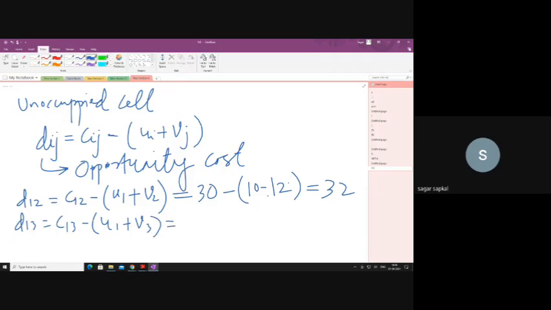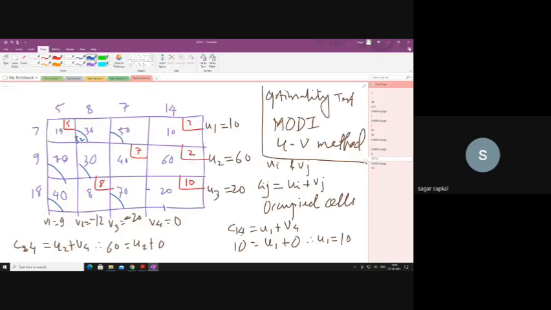Can you tell me the answer? -10. 50 minus, in bracket, 10 minus 20. 10 minus 20 is -10. And 50 minus (-10) is 60. Okay, 60.